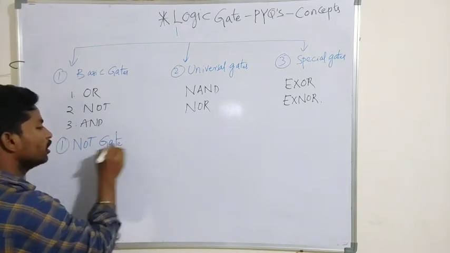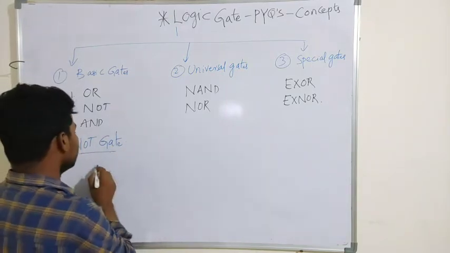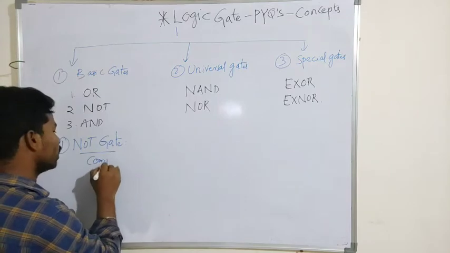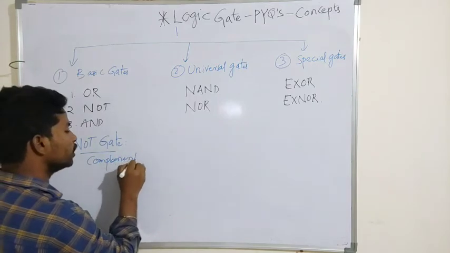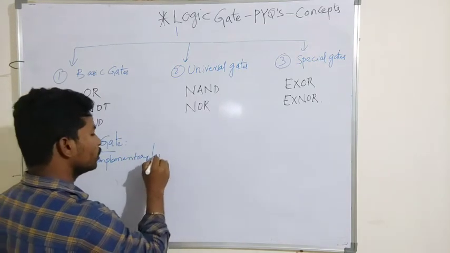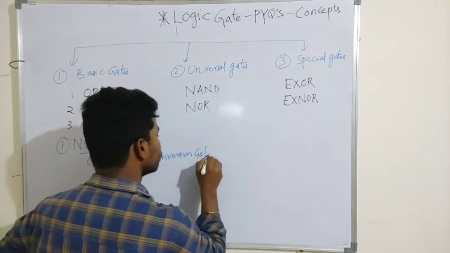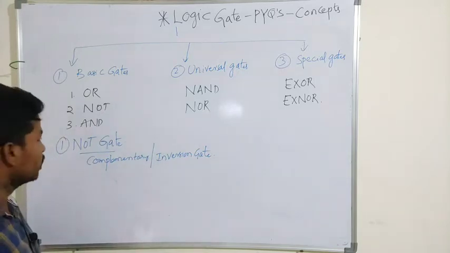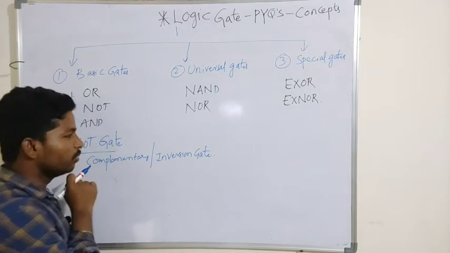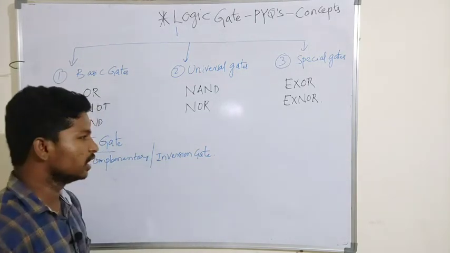The NOT gate is also called a complement gate or an inversion gate.